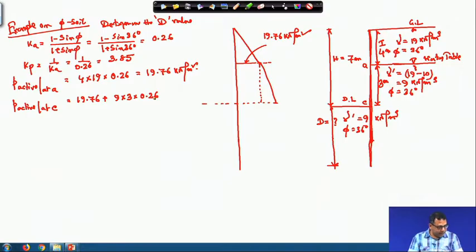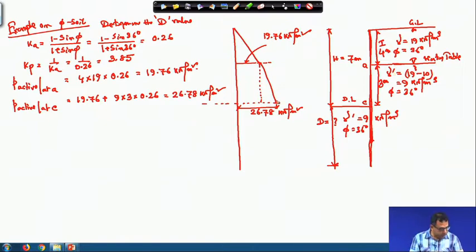This total will be 26.78 kilonewton per meter square, that is 19.76 plus 9 into 3 into 0.26, the additional part due to this 3 meter of soil below the water table.